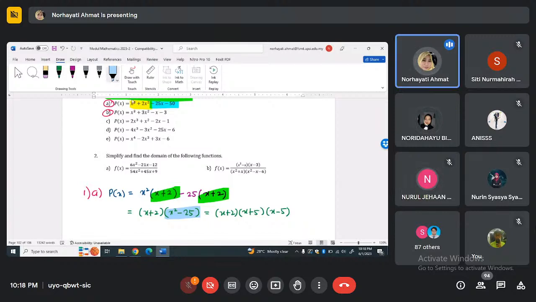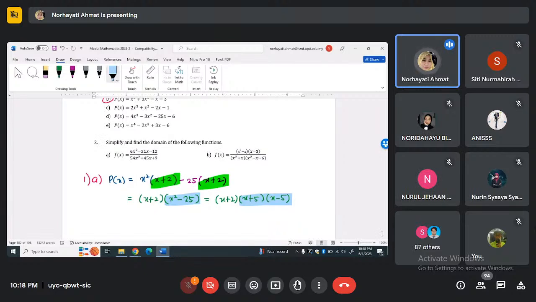Betul. Ni dia. Okay, saya kalikan sama. Okay, X square minus 25 is X plus 5 times X minus 5. So, the roots for this function are X equals to negative 2, negative 5 and 5. Macam tu je.